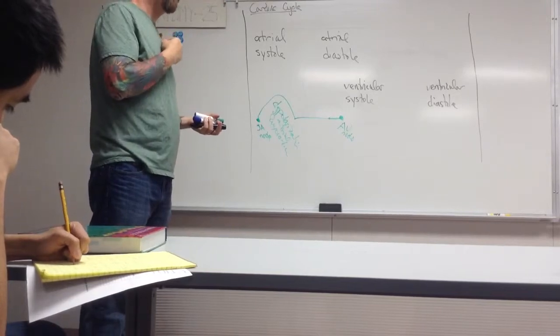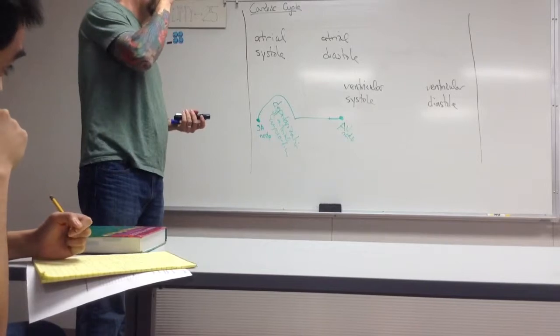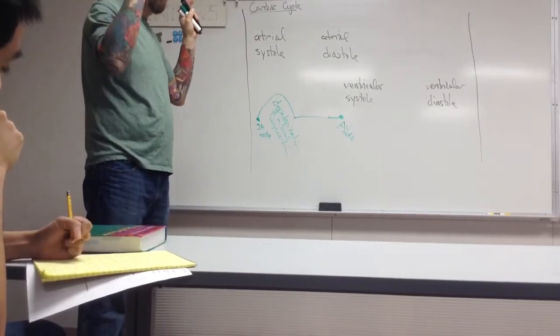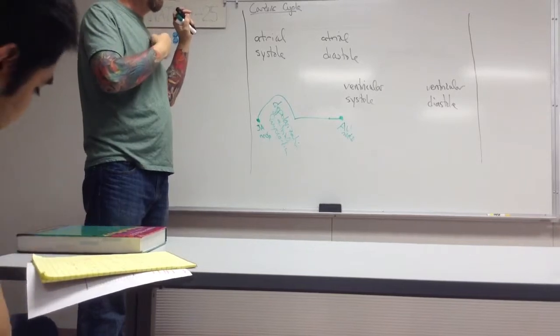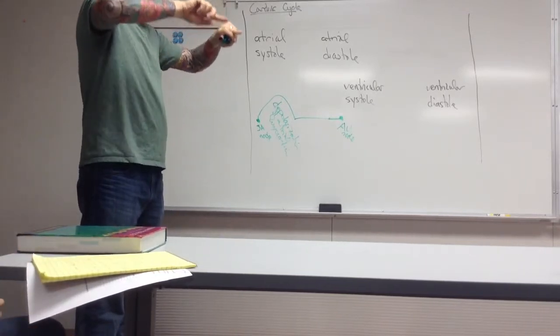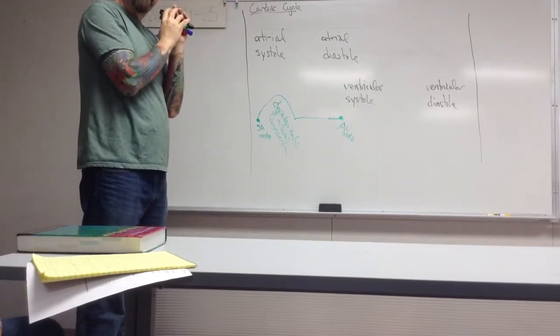There's this thing called the bundle of His, or the AV bundle, that is basically what looks like an axon, or a group of axons, but they're modified muscle cells, that goes down through the interventricular septum. It reaches the apex of the heart, and then comes up around the wall of the heart and ends in these things called Purkinje fibers. Did we talk about those?